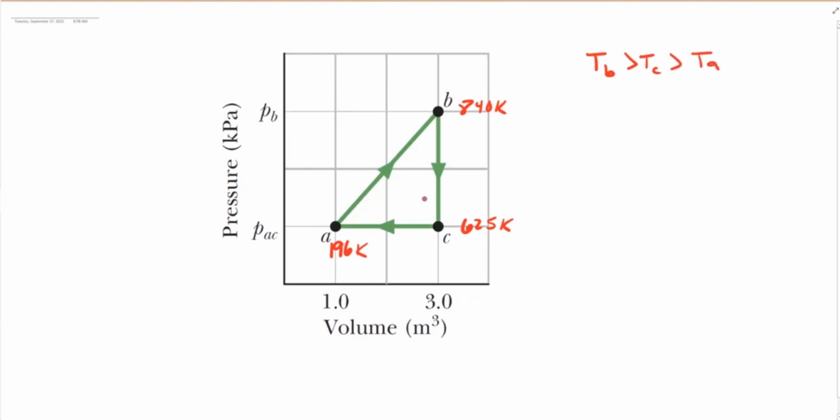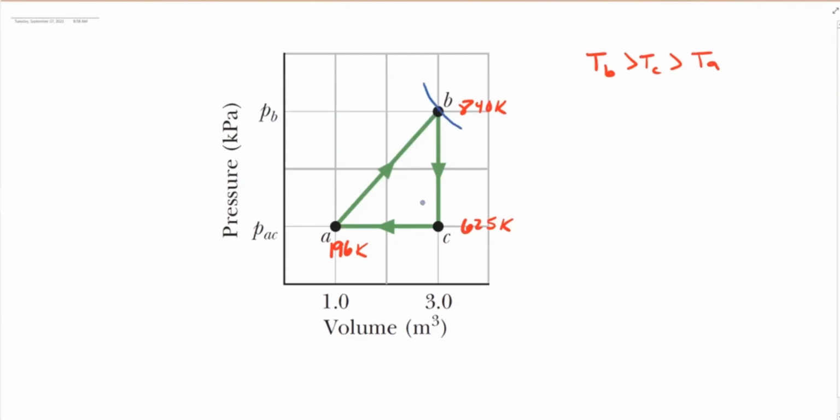The goal is just to be able to look at these three temperatures and say, I might not know what they are numerically off the top of my head, but I know that the temperature at B is greater than the temperature at C, and the temperature at C is greater than the temperature at A. And that's because you can tell from here, they sit on certain isotherms.